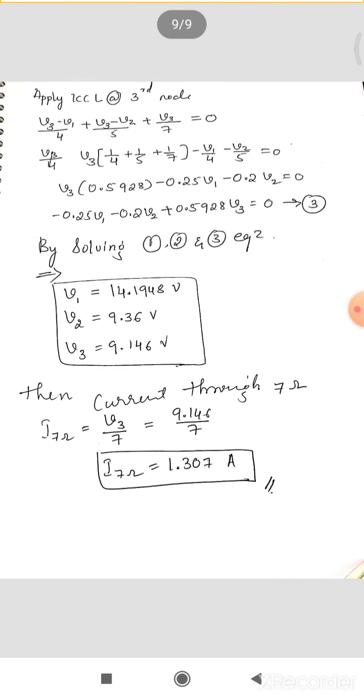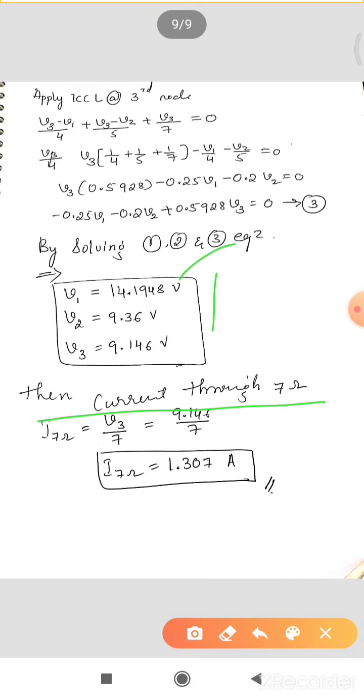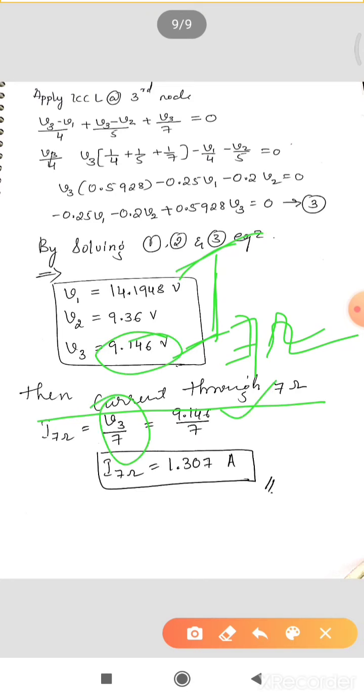So I7 ohm, the current through the 7 ohm resistance, will be equal to V3 by 7. We have calculated V3 as 9.146, divided by 7. So you simplify, you get 1.307 ampere current which is flowing through the 7 ohm resistance.